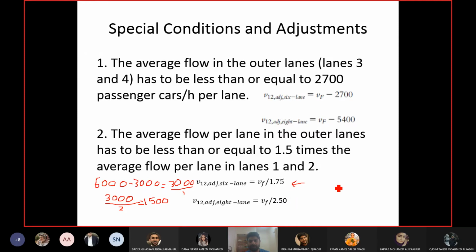So 6,000 upon 1.75 will be how much? 3,428.